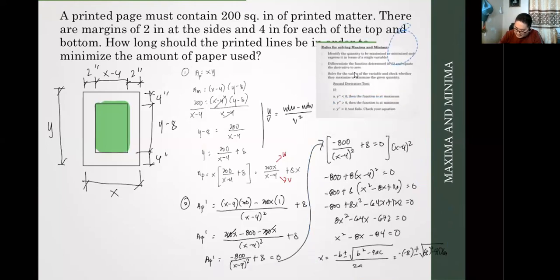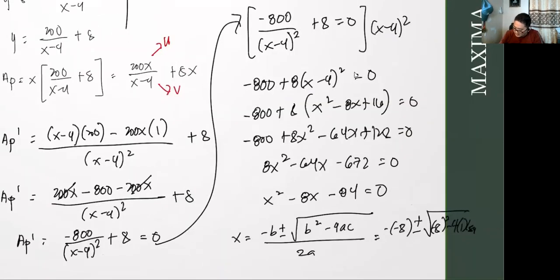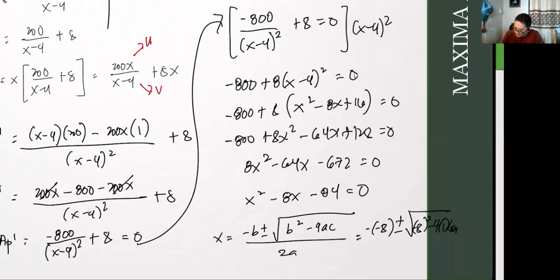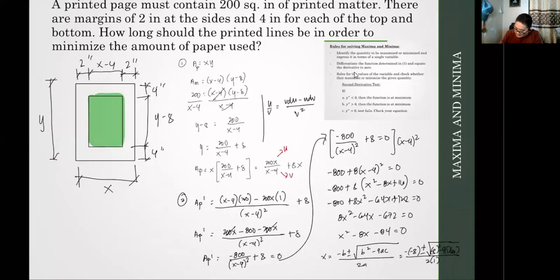Okay? Kaya lahat nagsasama-sama na, no? From algebra hanggang calculus. Okay? All over 2 times 1. Okay? Pag-solve, may makuha tayong value ni x1 and x2. Kunin ko lang muna yung isa.